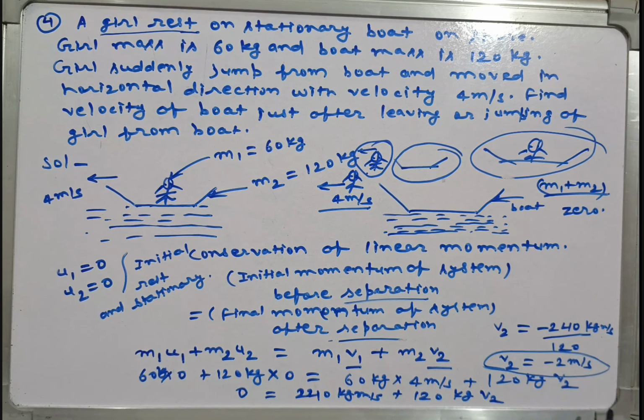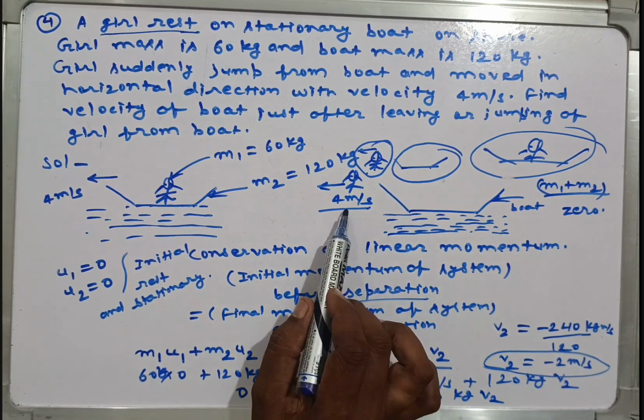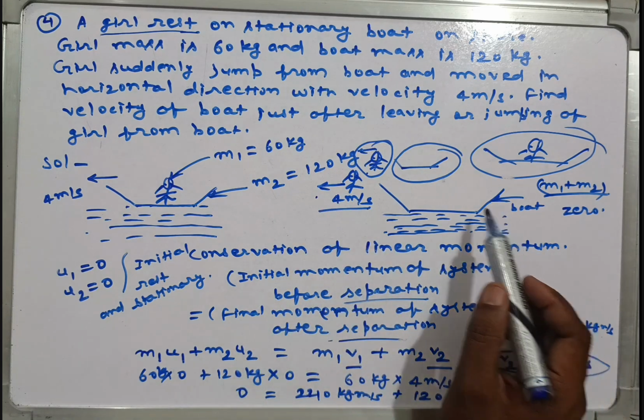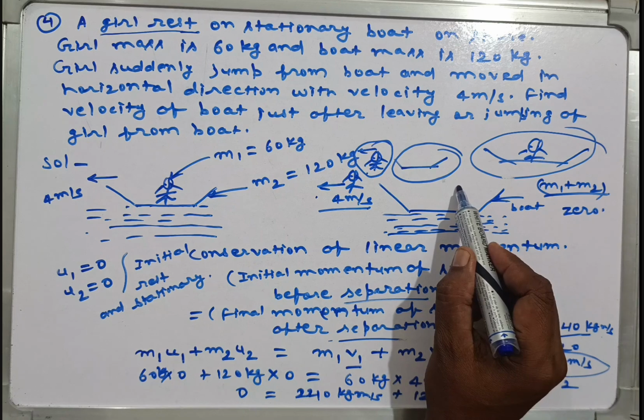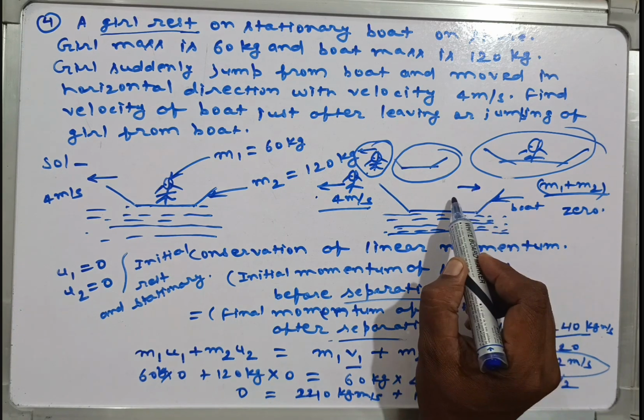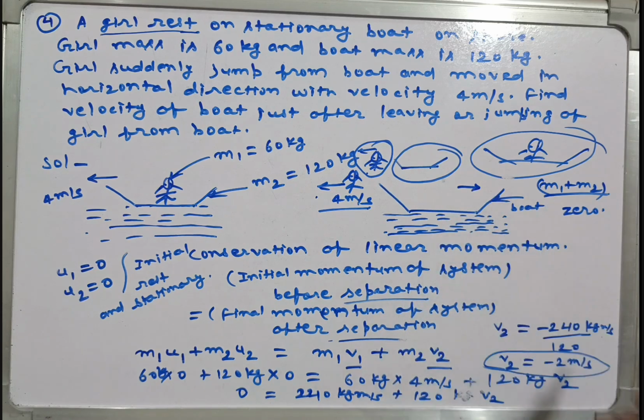So what you get here: when the girl moves in this direction, the boat will move opposite to the direction of motion of the girl, that is in this direction.